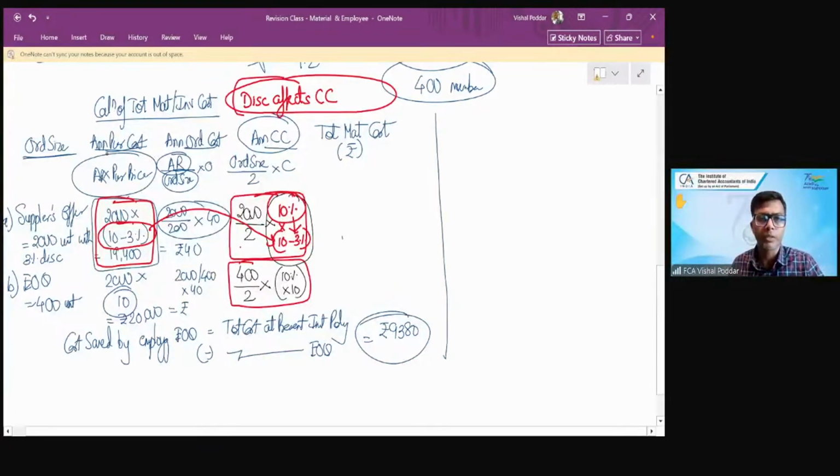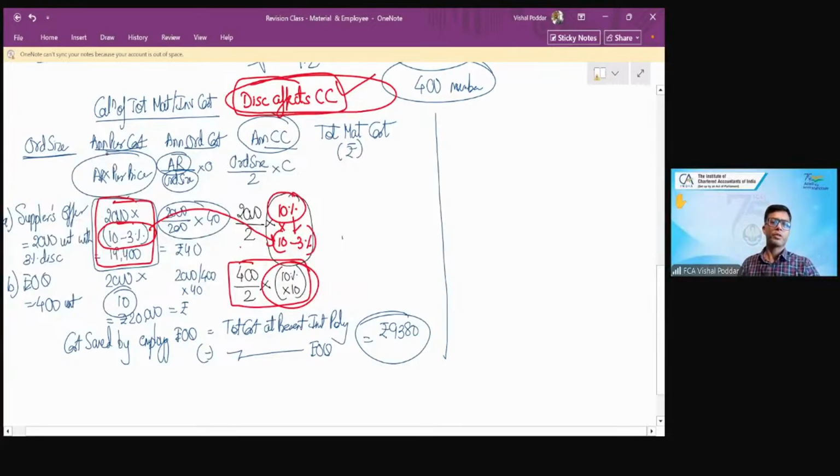This is the meaning of discount affects carrying cost. Now, there could be certain sums where they will specifically write that discount does not affect carrying cost. Had the question mentioned that, I would have taken simply 10% of 10, what I have done here. Now, this question says nothing, so we should always assume that discount is affecting carrying cost.